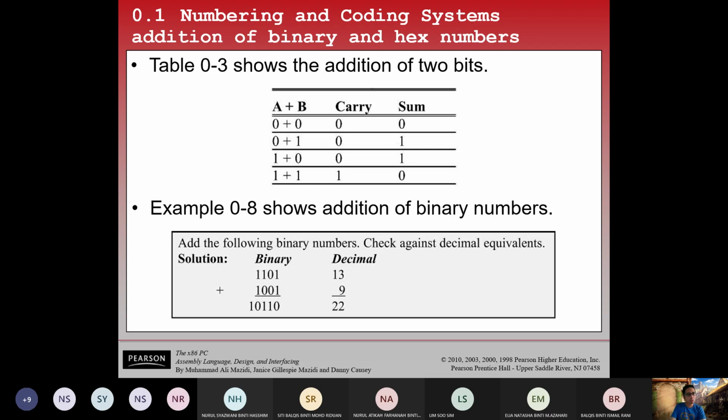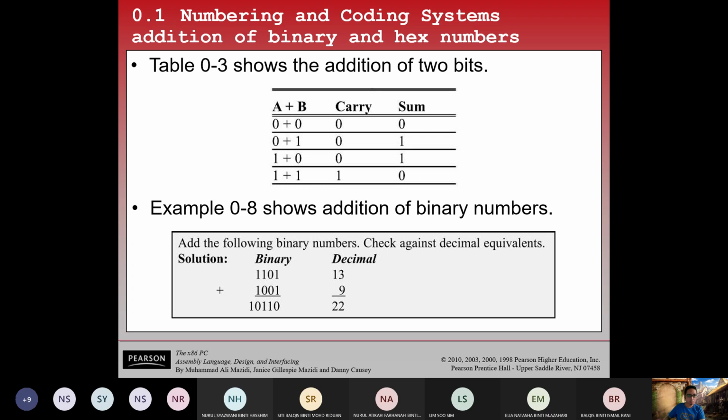We look into the addition of 2 bits. If A and B are binary, and both are 0, then you have carry and sum both 0.